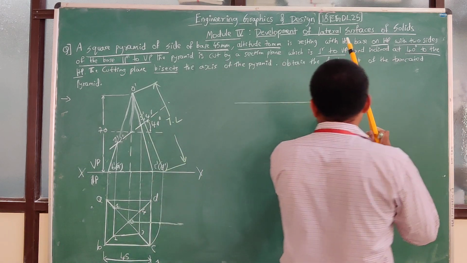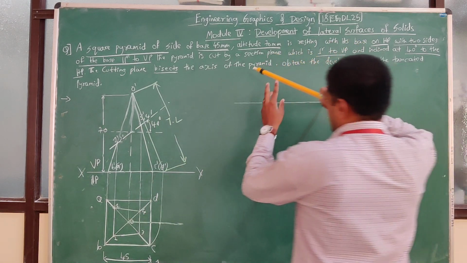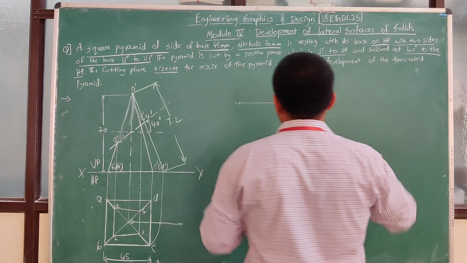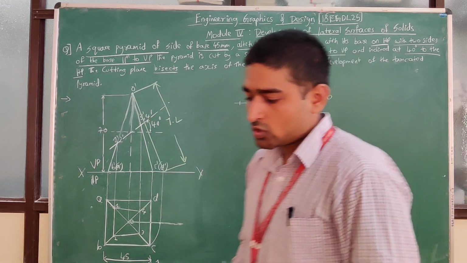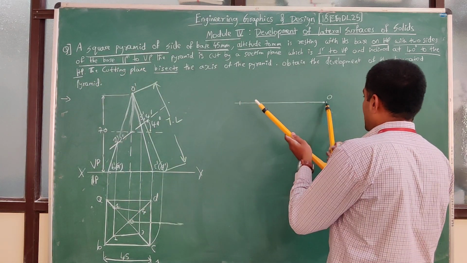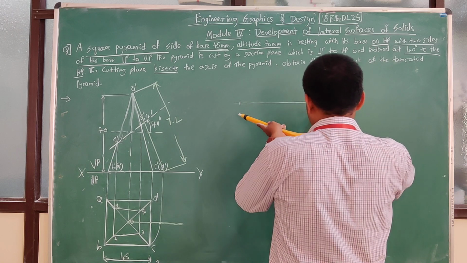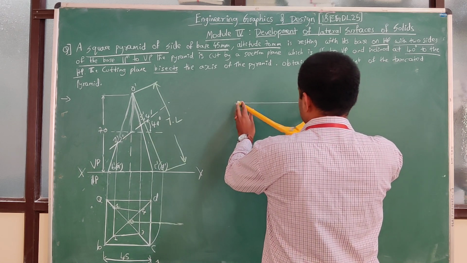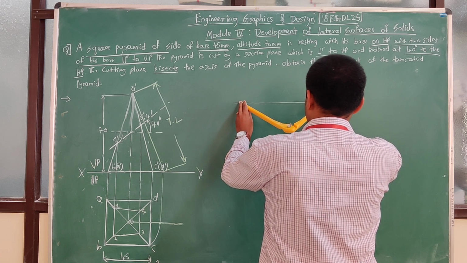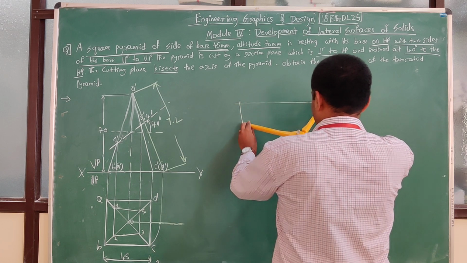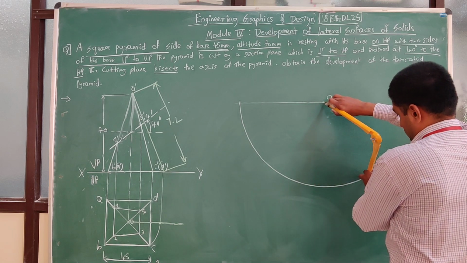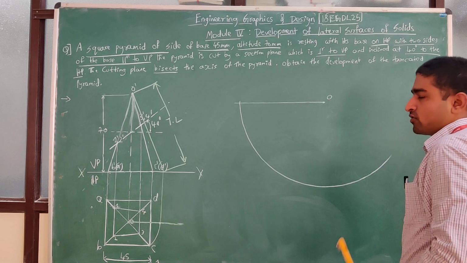So if I take this measurement from here to this one, I am getting a point there. Once I get this point, keeping a point on this arc again, just draw an arc up to whatever length you want.